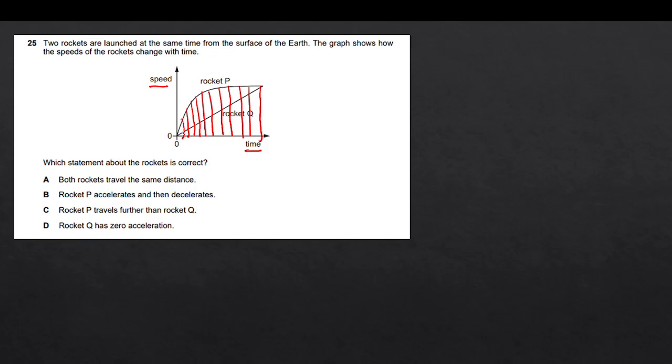Let me use another method to do this. This is the distance traveled by rocket Q. So clearly we can see that rocket P has traveled a larger distance than rocket Q. So option A is incorrect.